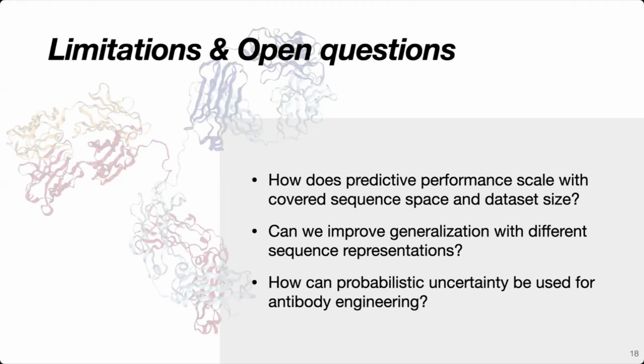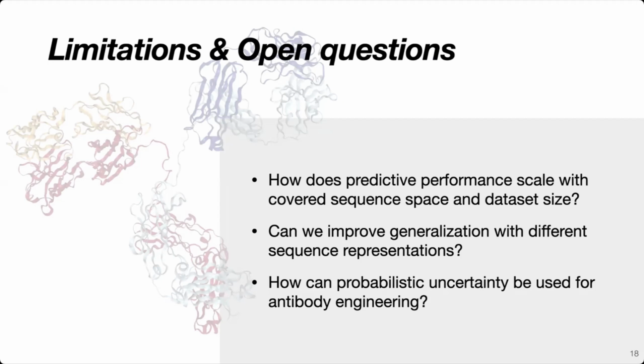So I'd be curious to see how predictive performance scales with the covered sequence space, as well as its corresponding affinities and data set size. And also relating to large language models, are there different sequence representations that we could use in this particularly small data set setting that would improve generalization?